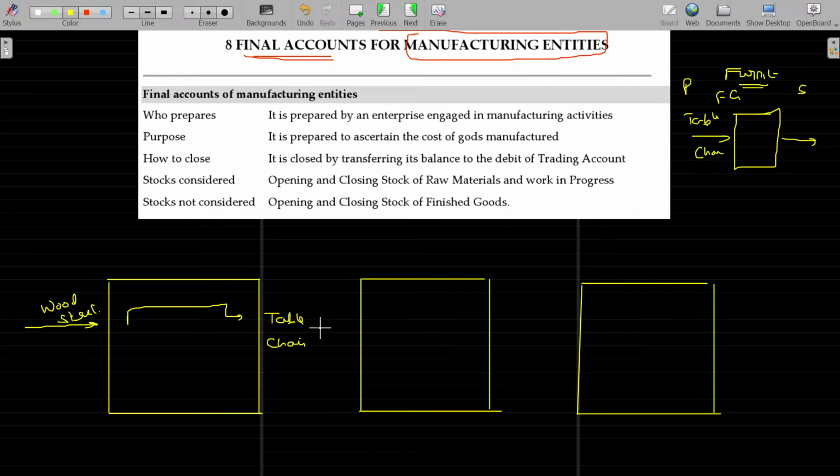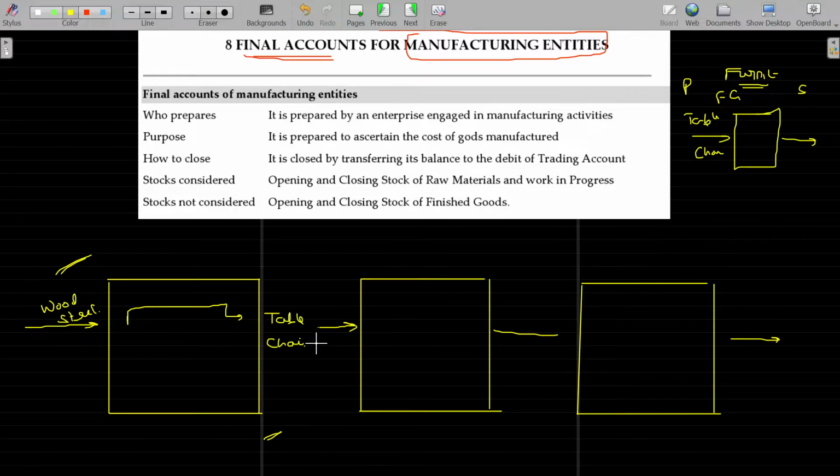This processed item is transferred to the next division, where it may be kept in the showroom, displayed and finally sold. The conversion of wood into finished goods is taken care of in a separate division called the workshop or factory.